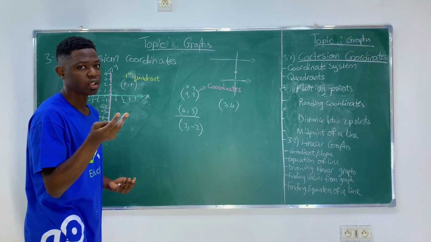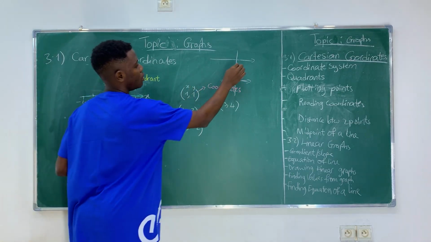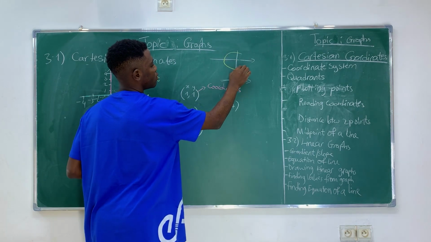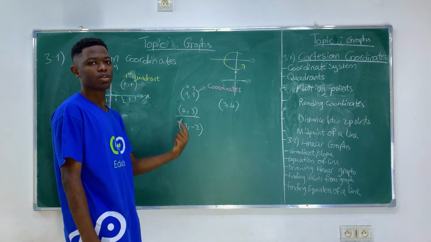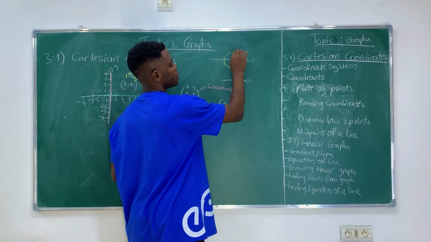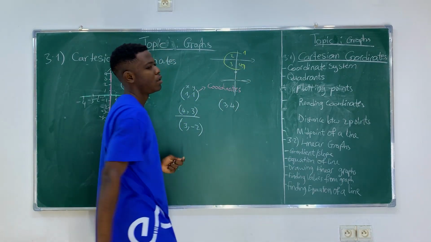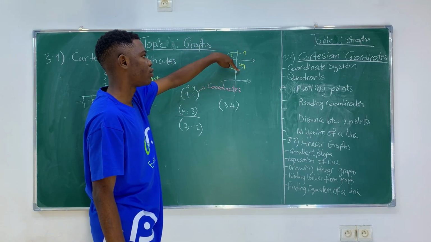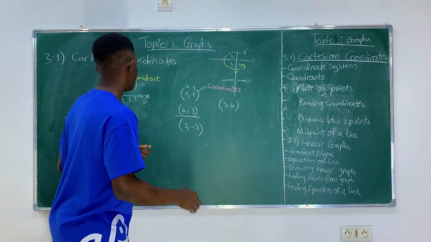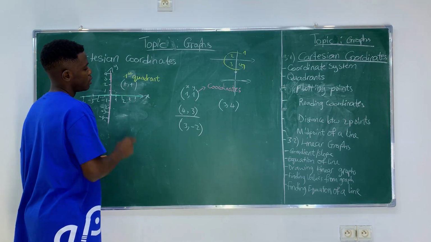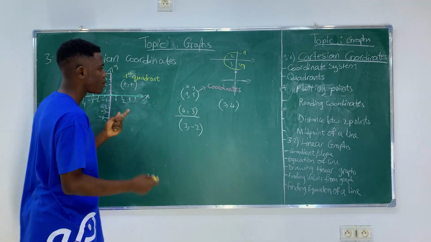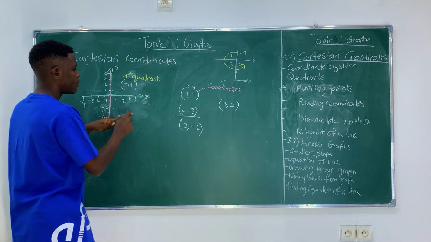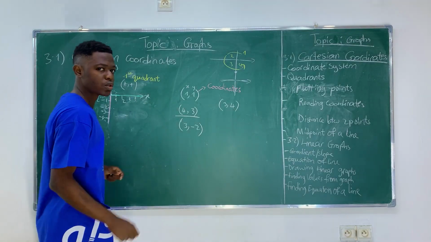So to know the second, third and fourth, you just go in simple order, anti-clockwise. If this is first, then this is second, third, and fourth. How do you know the first? The place where it is plus and plus. That's how you know it's the first. So from the first, we know this is second, this is third, this is fourth, because it goes anti-clockwise.